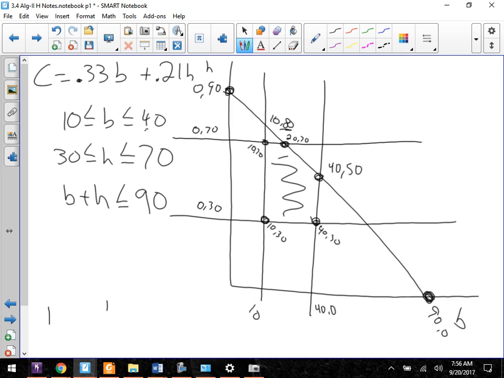Most people that I saw that were working on this one throughout the day yesterday got that 20, 70 point outside of the region or that 40, 50 point outside of the region because of the way that your scale was drawn. So just be cautious when you do that. It's a very, very easy thing to mix up. Okay?